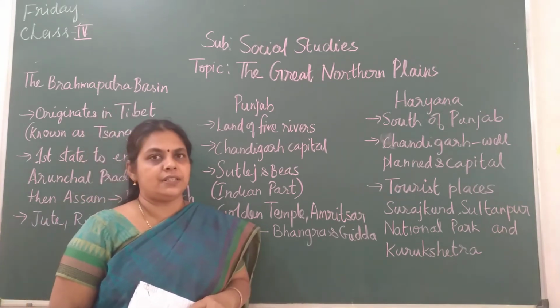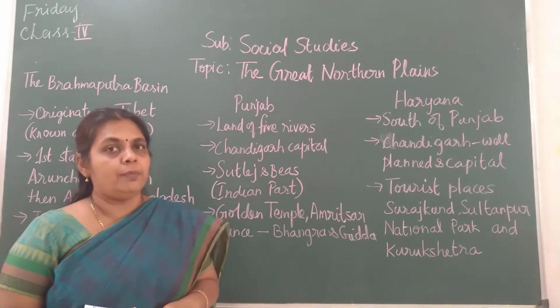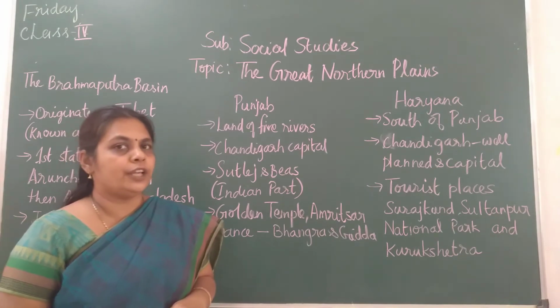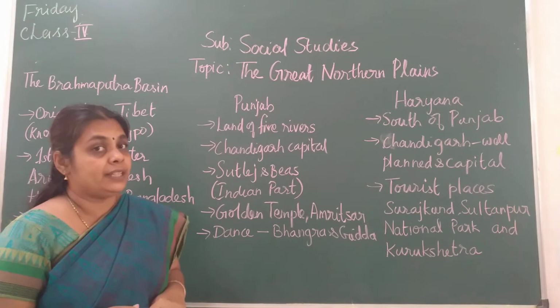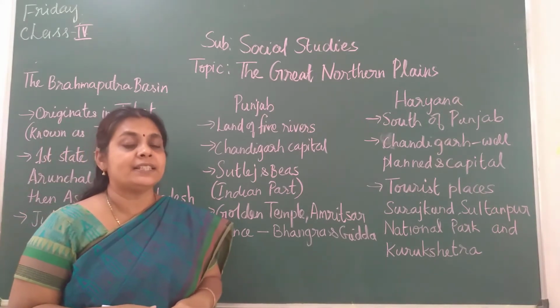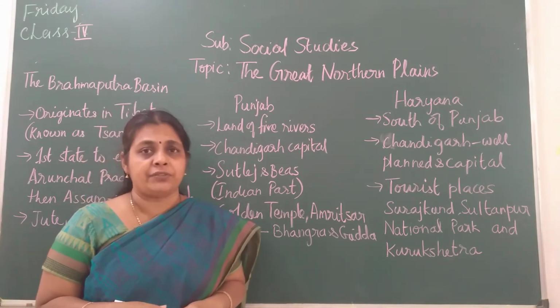So five rivers are flowing: Jhelum, Chenab, Ravi, Sutlej and Beas, children. Mainly it is the Sutlej and the Beas which are flowing, and they join with the river Indus in Pakistan, children, and it forms a very big river, the Indus river.